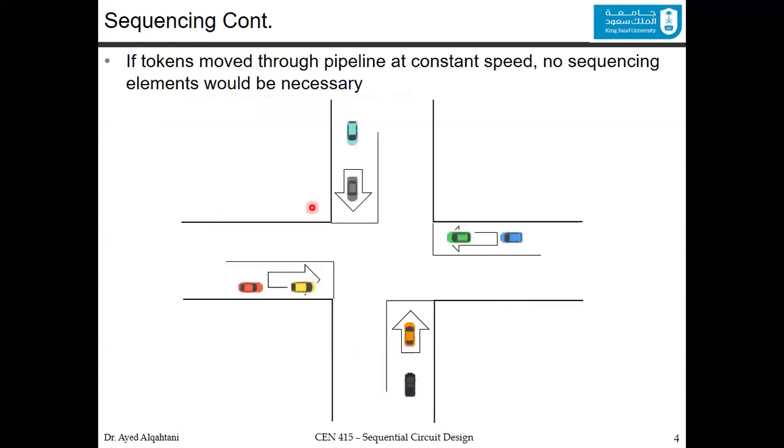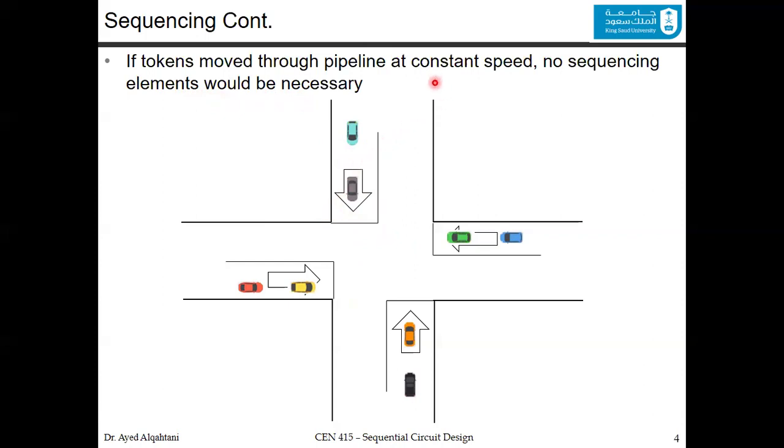If the tokens move through the pipeline at a constant speed, there is actually no need for sequencing elements, flip-flops, latches, or storage elements. They won't be necessary, and since they are not necessary, even the clock itself is not necessary. For example, at a crossroad, the clock would be the traffic light.